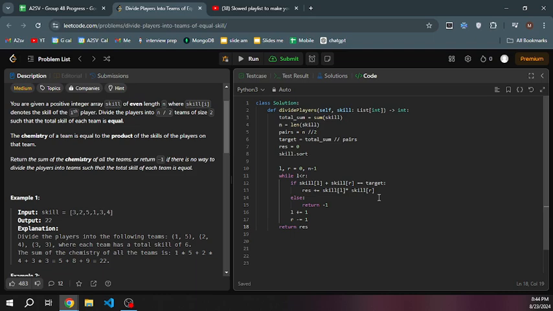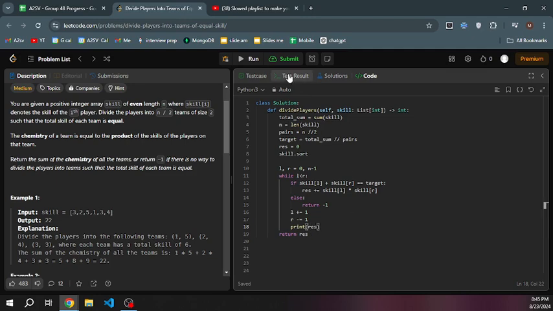I have no idea what I'm missing. Why is this thing not working?